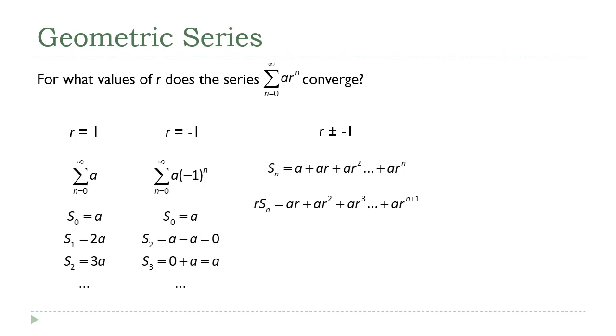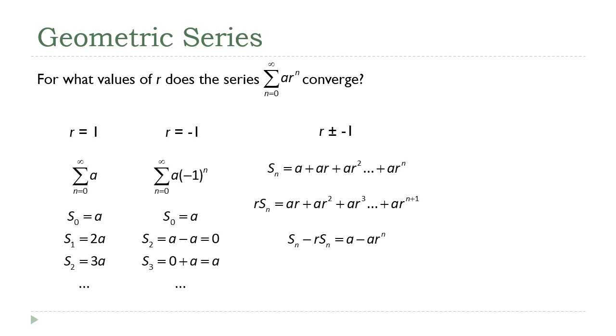And on the right side, the exponent just increased on every r. Right, so we've got ar, ar squared, ar cubed, all the way out to now ar to the n plus 1. Okay, now I'm going to subtract these two from each other. Right, I'm going to do s sub n minus r s sub n.